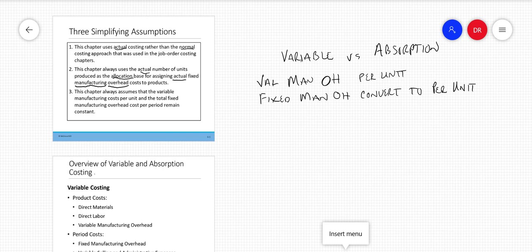Now this chapter always assumes a variable cost per unit is going to be constant. So when we're talking about that, you're talking about the variable cost curve, which really is going to be a slope. So the costs remain constant in this way.